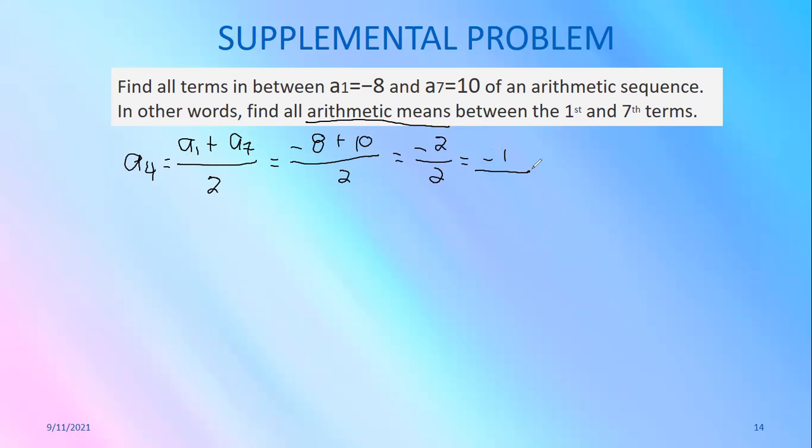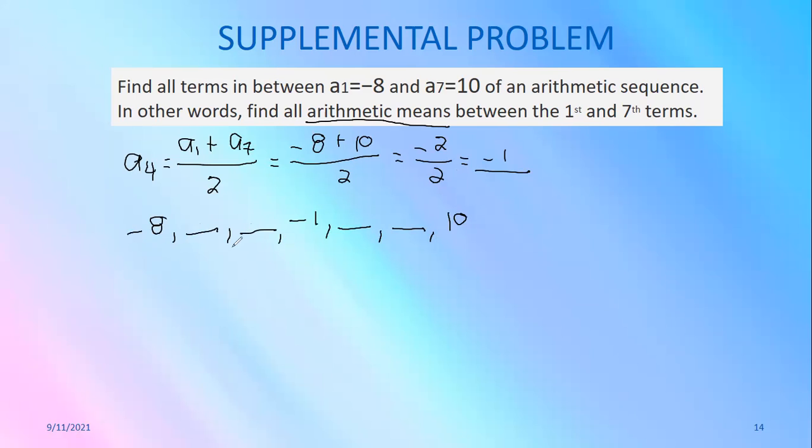Okay, so this is your middle term. So we have negative 8. Let's arrange this. This is the second term, third term. The middle term is our fourth term, fifth term, sixth term, and okay.